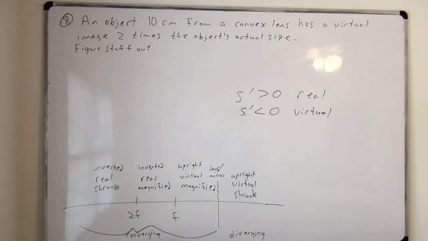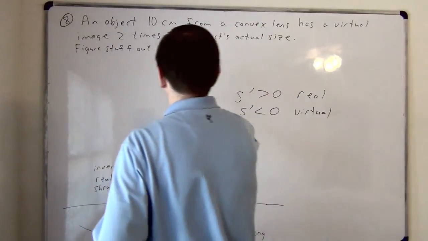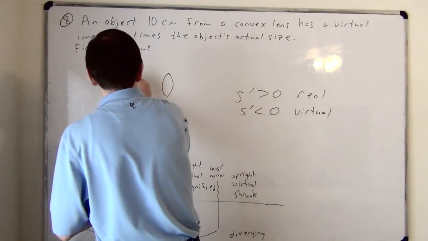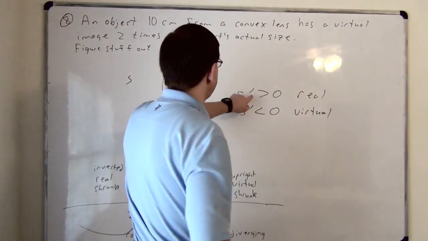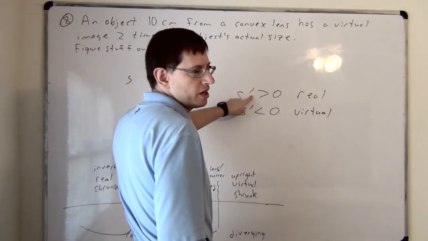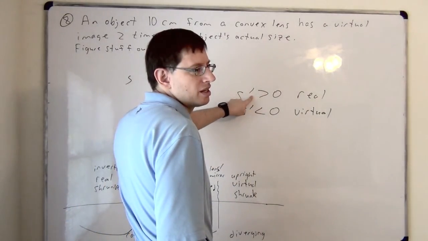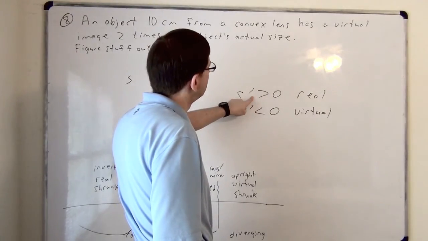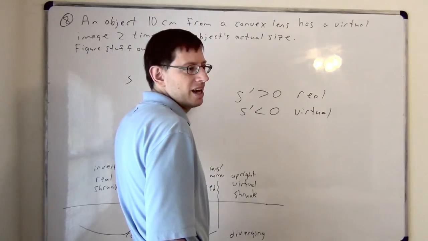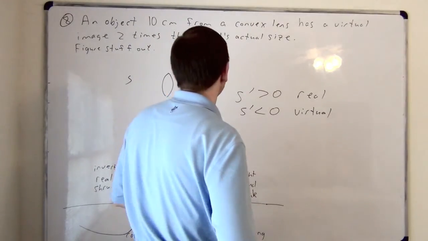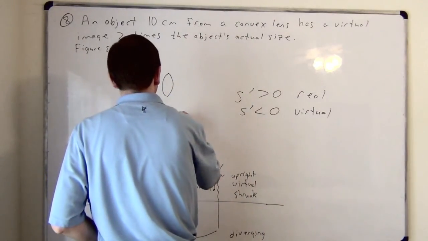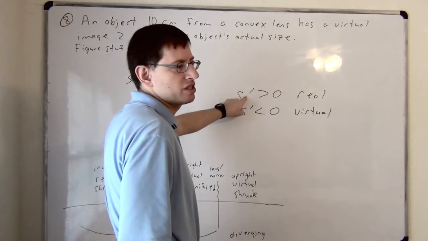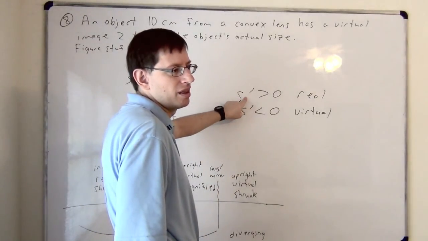By the way, when S prime is positive, if we have this lens, here's the object. If S prime is positive, which side will the image be on? Left or the right? Right, which I think is the opposite of what you were guessing a second ago. By the way, if this was a mirror and S prime was positive, which side would the image be on? Left. Good.